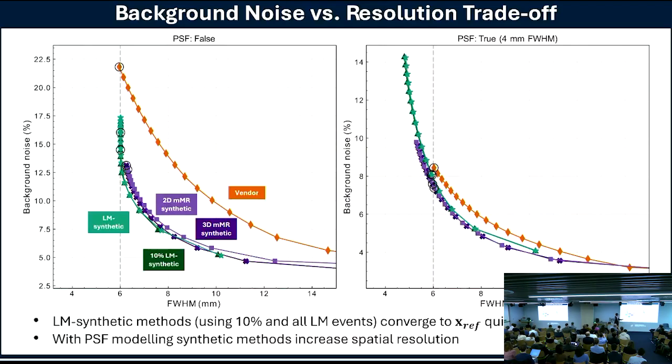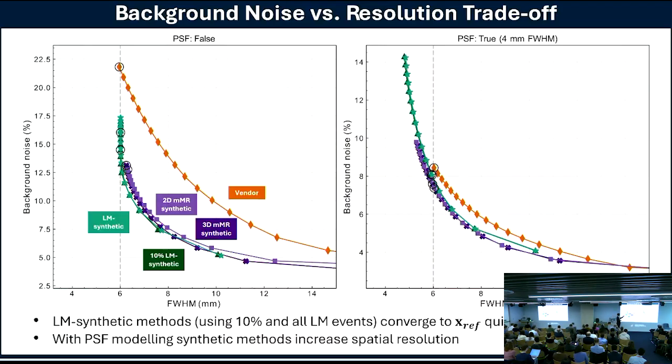We can see that the list mode data-derived synthetic methods generally converge to the reference, which is the final reconstruction on the vendor curve, the quickest, which shows that the data-specific system matrix facilitates quicker reconstructions, as we are using the same number of MLEM iterations for both the MMR and the list mode derived reconstructions. And furthermore, we have a low bias variance trade-off or bias noise trade-off as well, compared to the vendor.